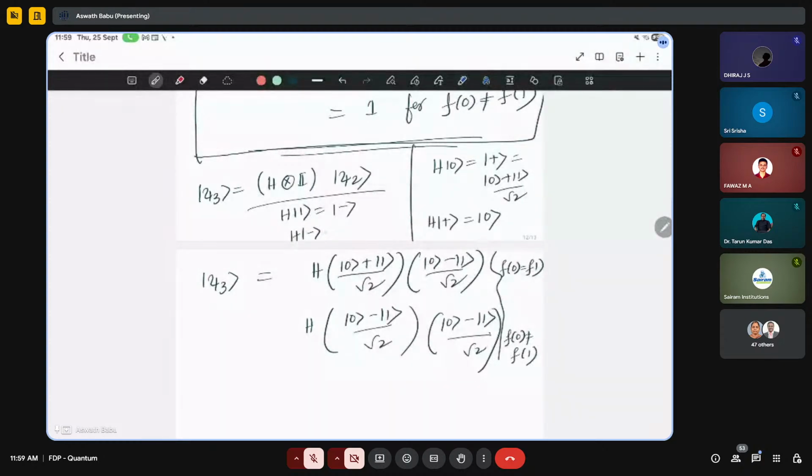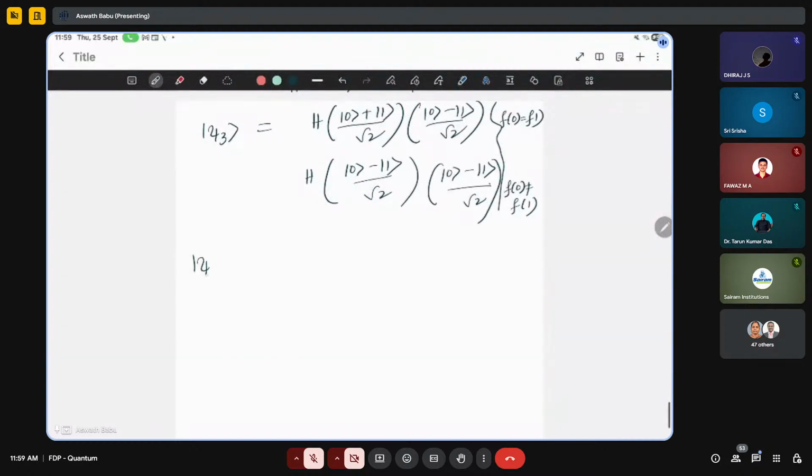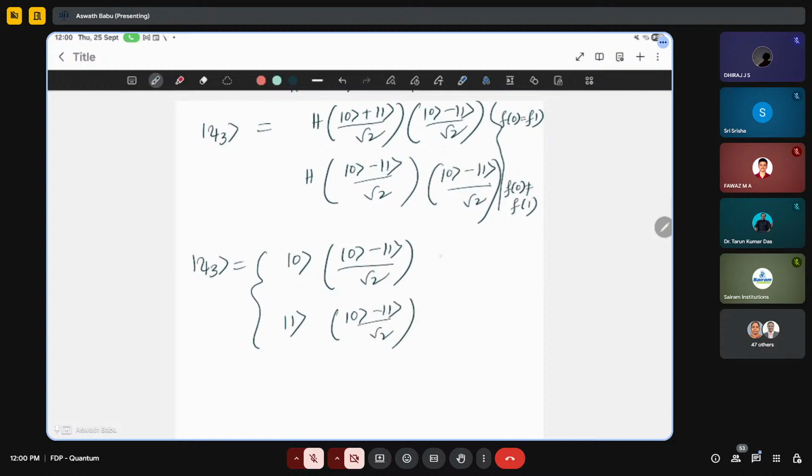Hadamard acting on minus ket gives you 1 ket. So my psi 3 here is 0 ket, 0 plus or minus 1 divided by square root of 2, 1 ket, 0 minus 1 divided by square root of 2, when f of 0 is equal to f of 1, and f of 0 not equal to f of 1.